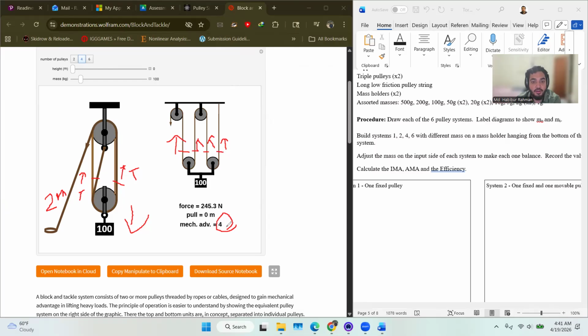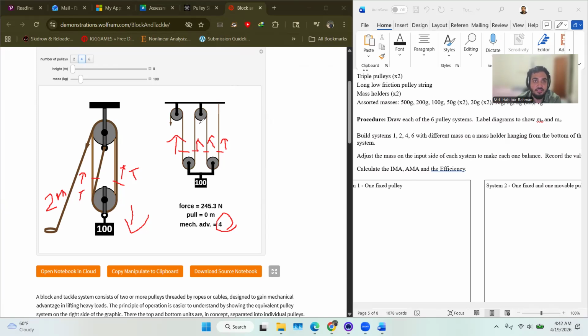You have to change the distance of the 4 pulleys. With 2 moving pulleys, it's cheaper, because the other 2 just rotate the rope. That's it.